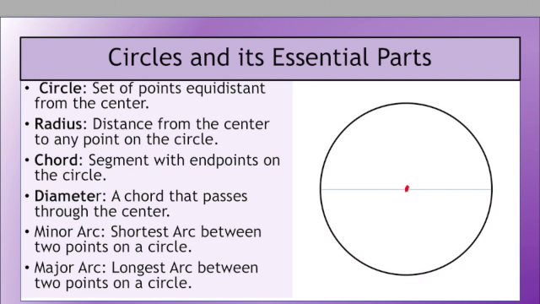So if I pick a point on the circle, let's say this point right here, then the distance from that point to the center of the circle is going to be exactly equal to the distance from some other point to the center. So if I pick another point on the circle, these two are going to be exactly equal to each other, and that distance is going to be known as the radius.